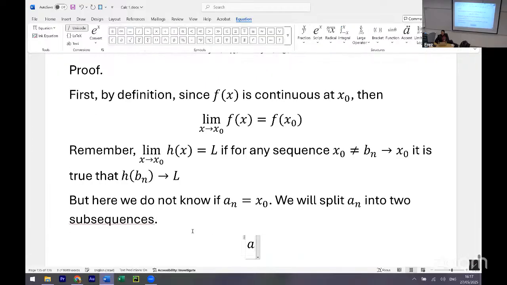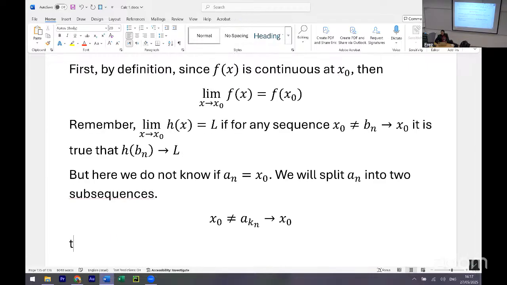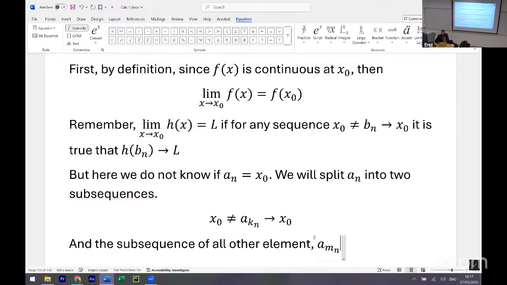First, k_n, which is always different than x0, but still tends to x0. And the subsequence of all other elements, the complement, let's call it a_m_n, which is the constant function x0, right?